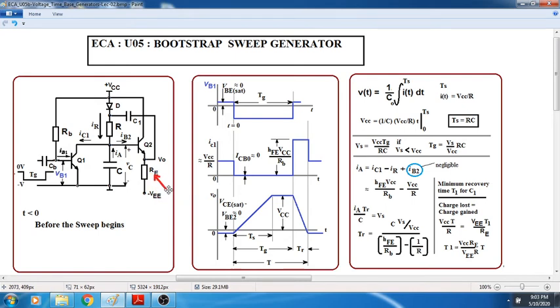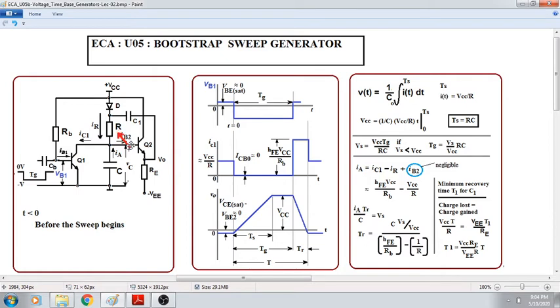That is the emitter current. So what will be the base current IB2? The base current IB2 has to be VEE divided by RE divided by HFE approximately, because the base current will be 1 by 1 plus HFE times the emitter current. We know that. So VEE divided by RE into HFE.